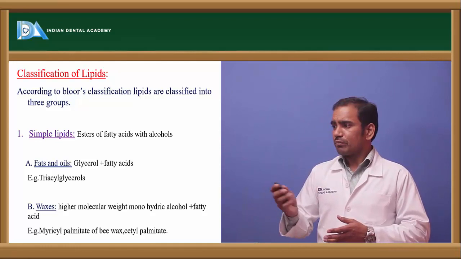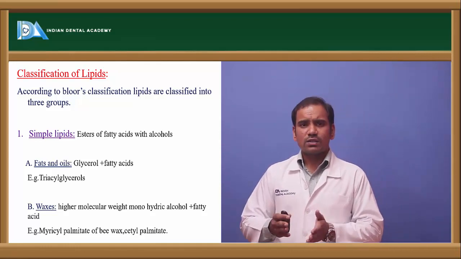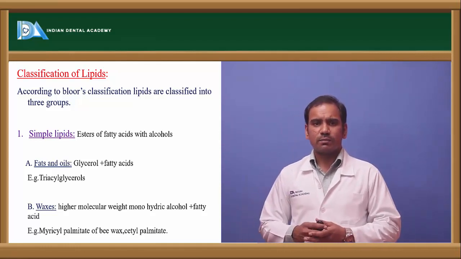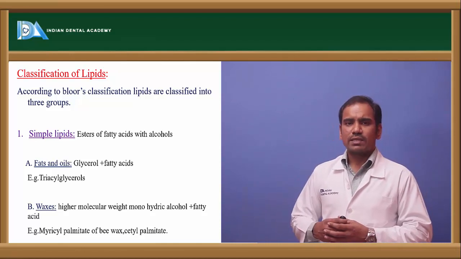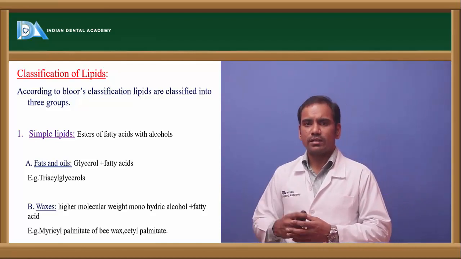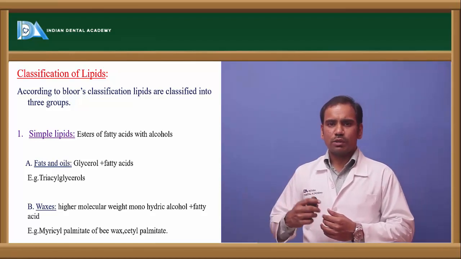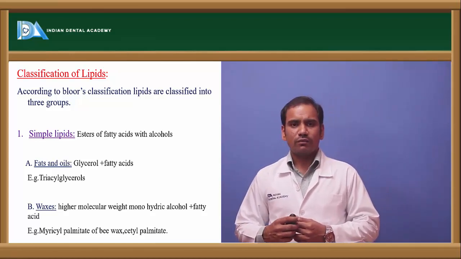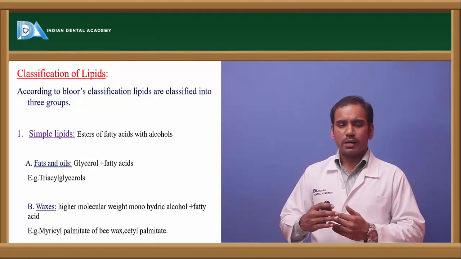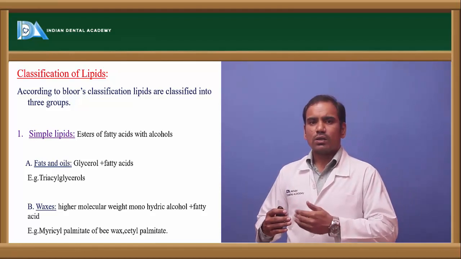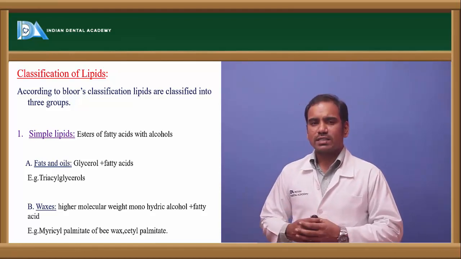And in case of waxes, they also have alcohol plus fatty acid, but the alcohol in case of waxes is a higher molecular weight alcohol. So that is the basic difference between these two simple lipids, fats and oils and waxes. Both are simple lipids, but waxes have an alcohol different from that of fats and oils.